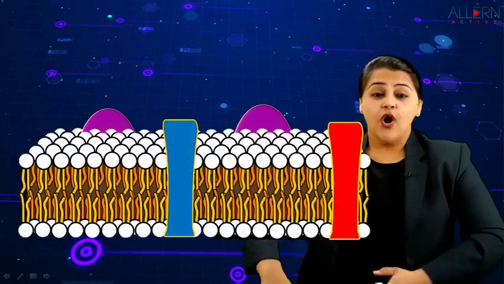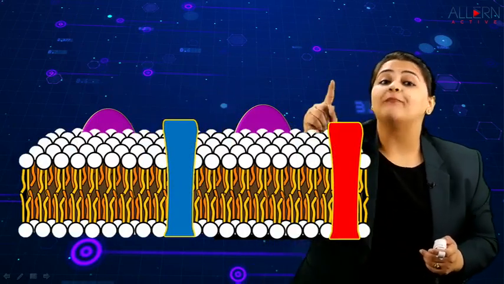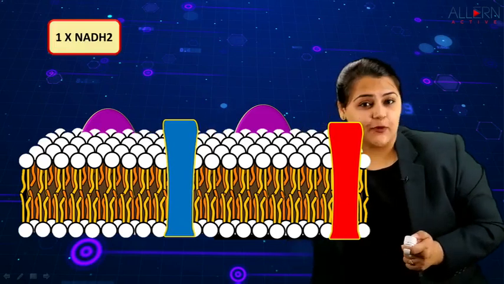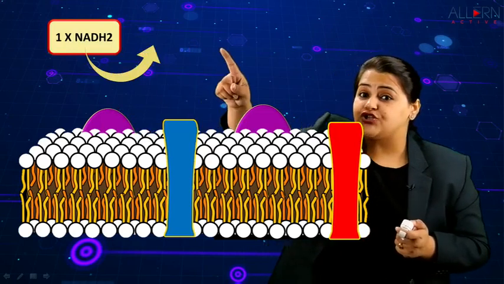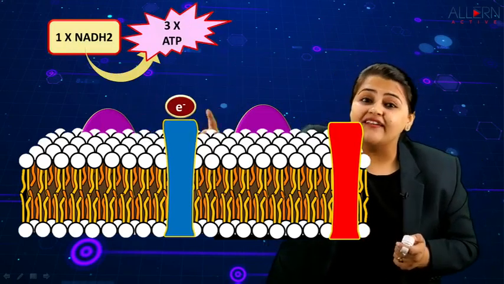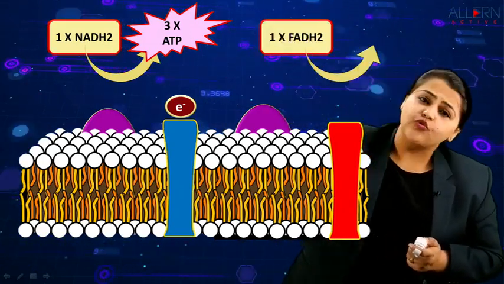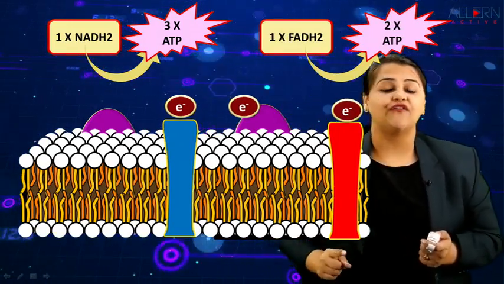Now, when you talk about the electron transfer chain, it is going to have a membrane like this, and these are going to be the complexes. These complexes are the ones responsible for the conversion of one molecule of NADH2 into 3 molecules of ATP by the transfer of electrons, and 1 molecule of FADH2 into 2 molecules of ATP by the transfer of electrons.